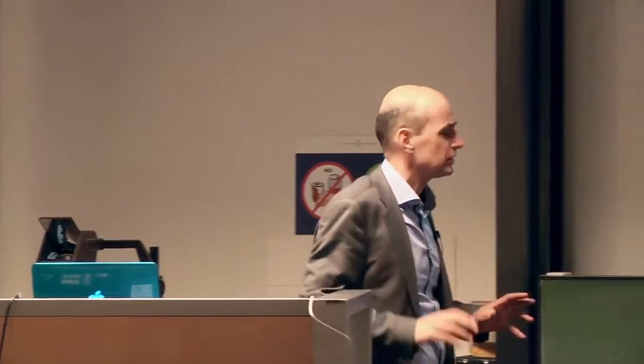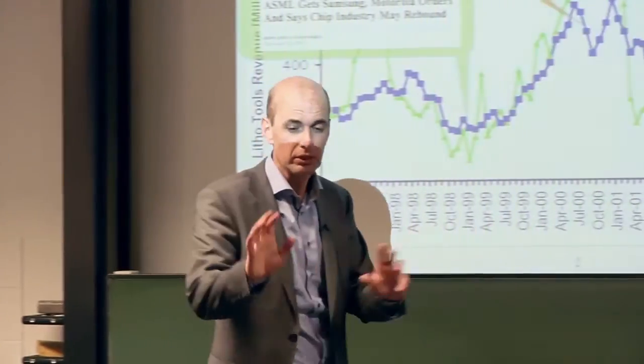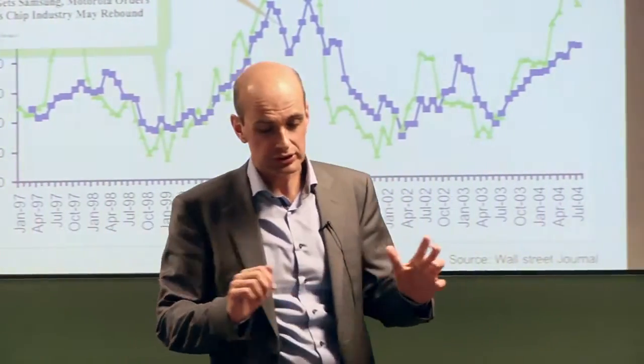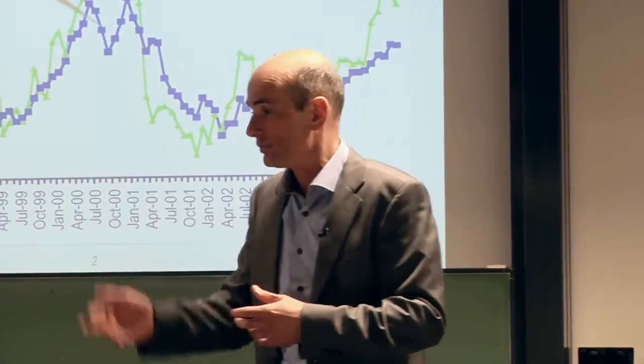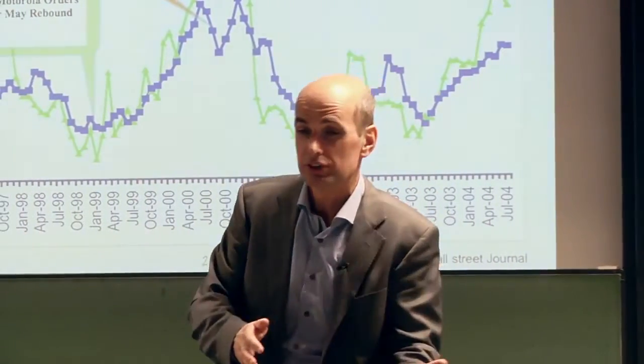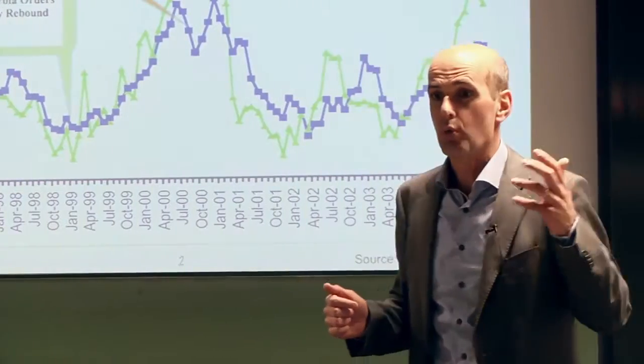So it started somewhere in 1999, and I have some quotes here from the Dow Jones, from what is now called the Wall Street Journal. Somewhere in 2000, the book-to-bill ratio, which is the total number of new orders coming in divided by the total number of orders actually being shipped, dropped below 1.